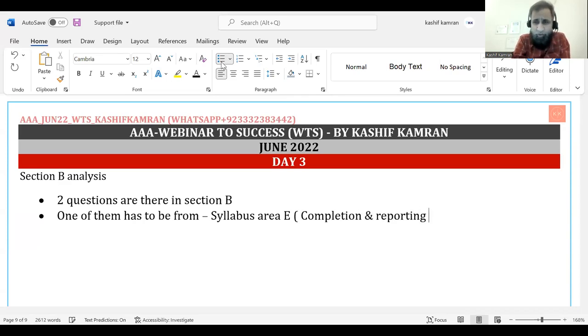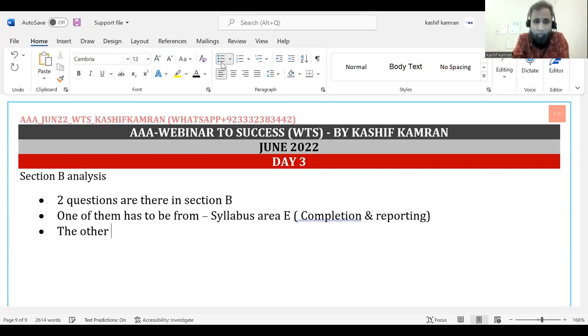An examiner might test your knowledge about audit evidence, might test your knowledge about quality control issues, because quality control issues also come at the completion stage. Examiner might test your knowledge about audit evidence, about going concern, subsequent events, or the typical question on audit report, right? So one of them has to be from syllabus area E, completion and reporting.